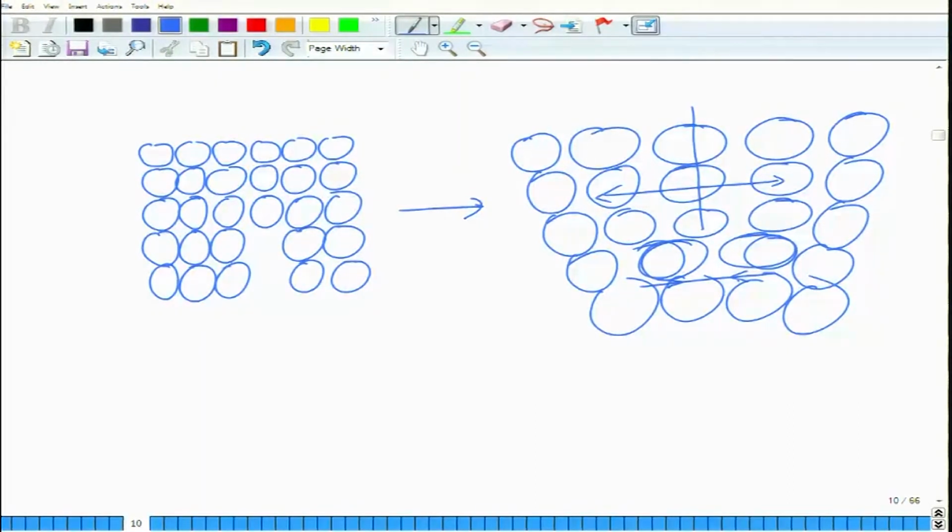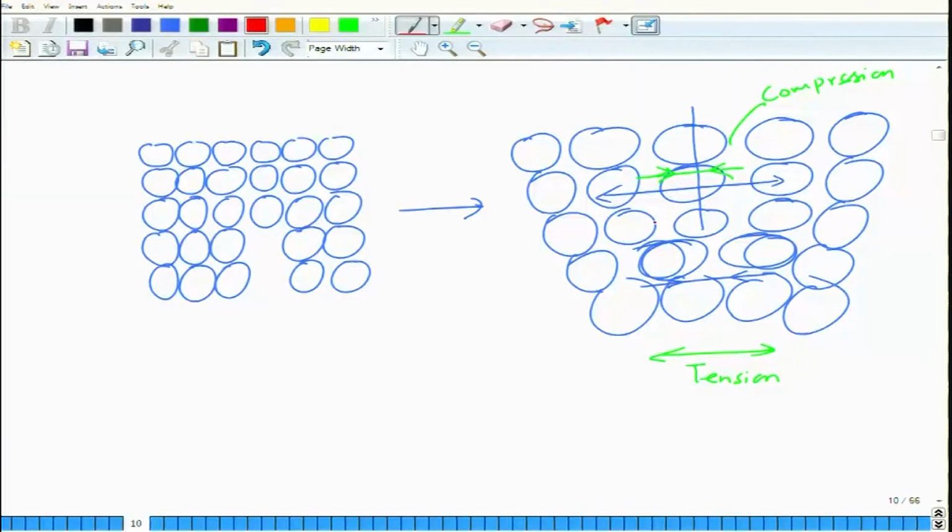As a result, this part will be under tension and this part will be under compression. Resultant stress will be compression. And this kind of dislocation is called edge dislocation.